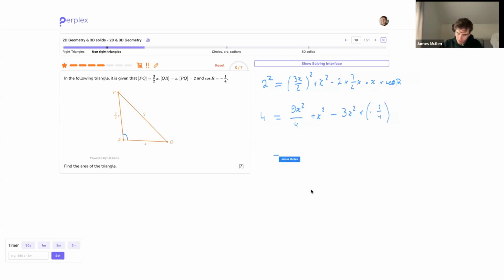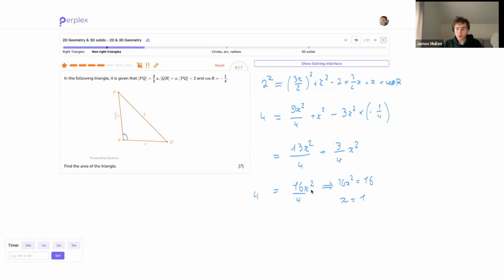All right, so what do I get here? 9 over 4 plus 1 is 9 over 4 plus 4 over 4, so 13x squared over 4. And then I'm adding another 3 over 4 x squared. That's 4 is equal to 16x squared over 4. In other words, 16x squared is equal to 16, which means that x is equal to 1.